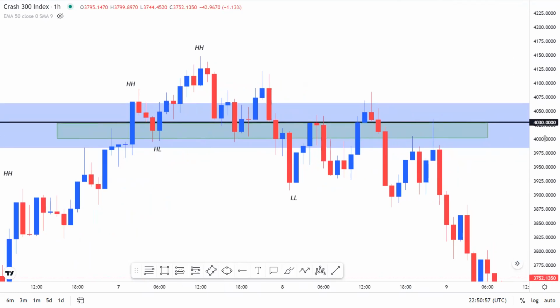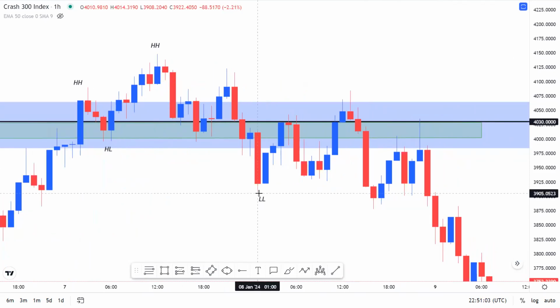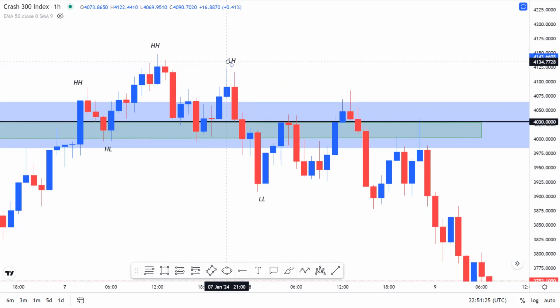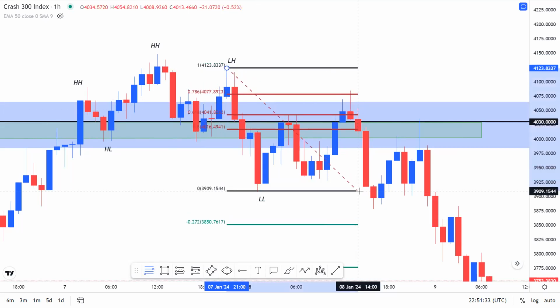Now, just like I did with the daily time frame, when it comes to scaling down to the lower time frames, every confluence matters. So then, of course, bringing in the Fibonacci retracements just in a bit to stack up more confluence from this lower high to the most recent lower low, so right about here.